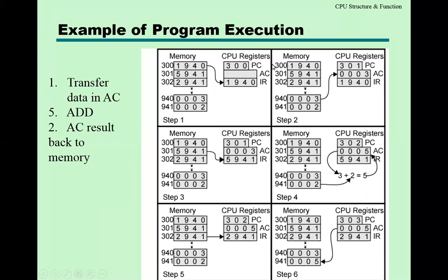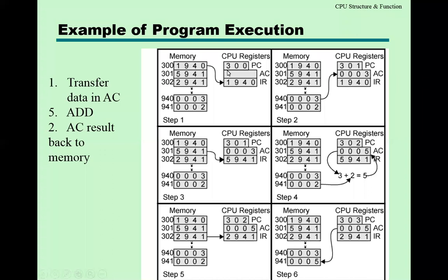PC, the program counter, holds the address of the instruction that you want to execute. The accumulator holds the operand. And IR, the instruction register, holds the immediate instruction that is going to be executed.